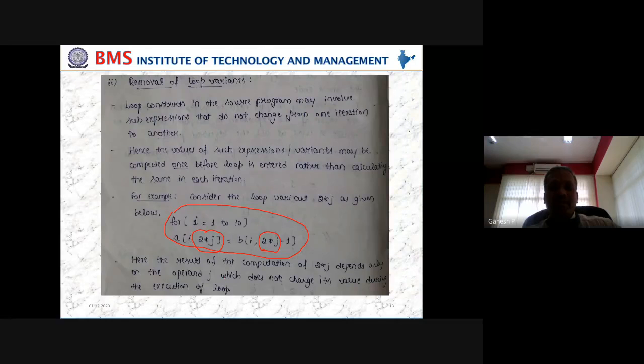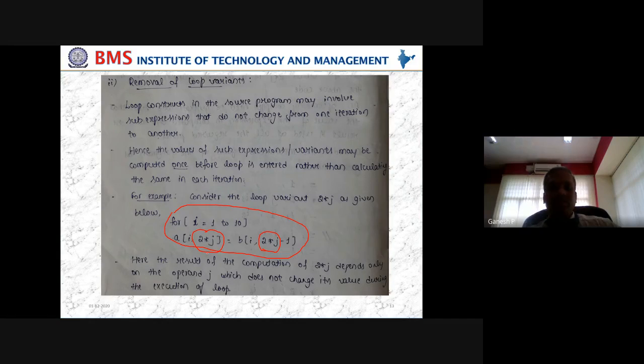It is also a very easy concept where wherever examples of this category are there, then probably we can remove them and calculate only once. Thereby we can extend the availability of registers for other activities, and enhancing the efficiency of the code is going to be feasible in these cases.